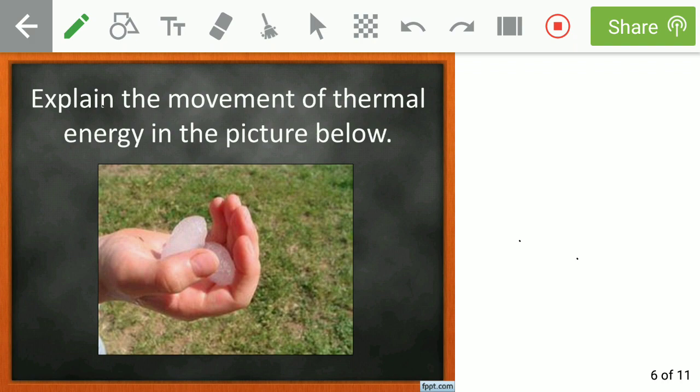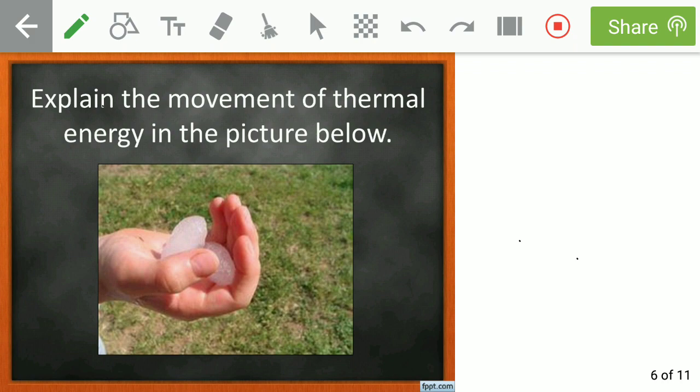So what will happen? The thing is, जो हमारे हैंड का जो टेम्परेचर है, it will be greater than the temperature of ice. सो व्हाट विल हैपन कि जो मॉलिक्यूल्स होंगे, the faster molecules जो अपने हाथ में मूव कर रहे होंगे, that will bump against the slower molecules जो कि आइस के अंदर प्रेजेंट हैं. तो वहां पे एक थर्मल एनर्जी ट्रांसफर होगी अपने हाथ से कोल्ड आइस में.